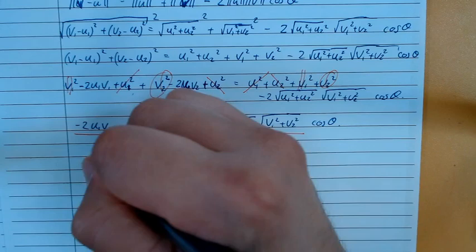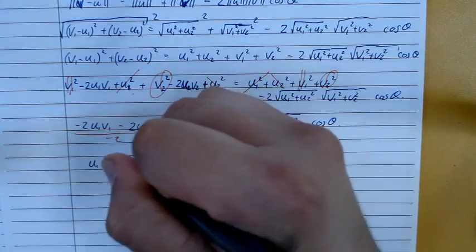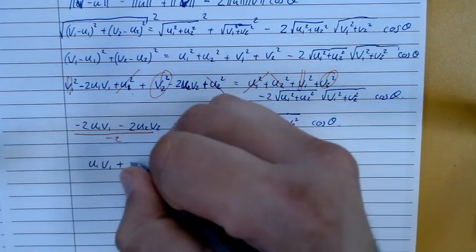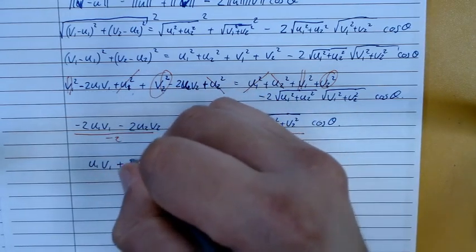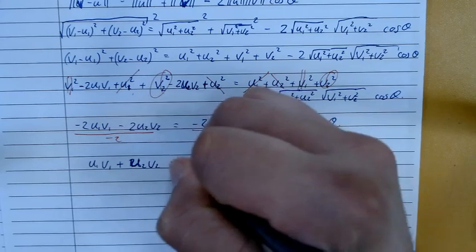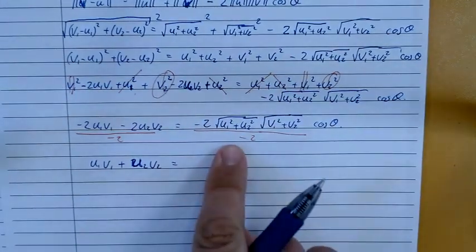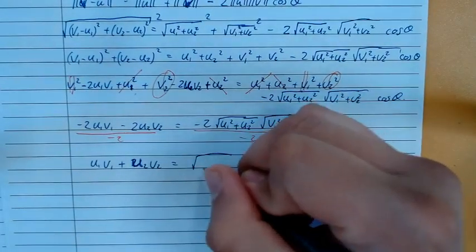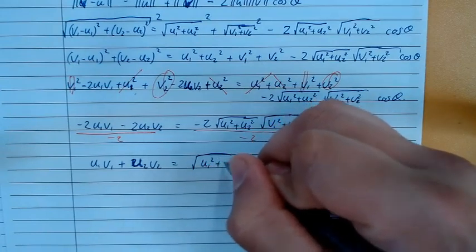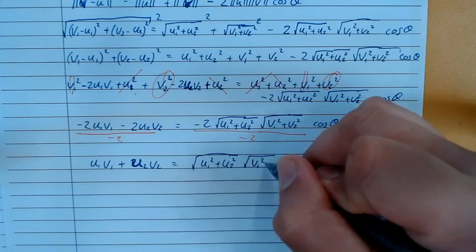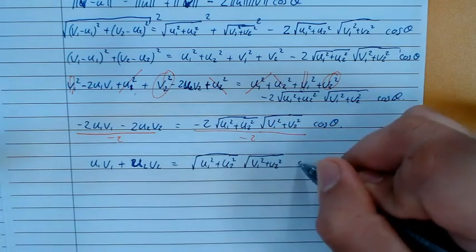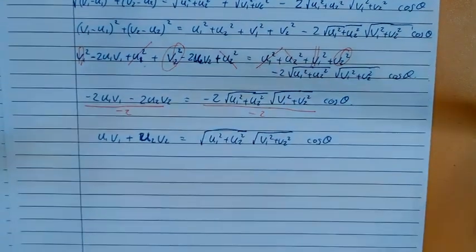So I'm left with u1v1, plus, double negative makes a plus, I've divided my 2's away, so that's just plus u2v2. And that's equal to, these have divided away, the square root of u1 squared plus u2 squared times the square root of v1 squared plus v2 squared times the cosine of theta.